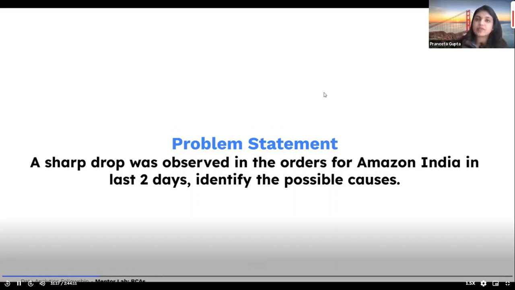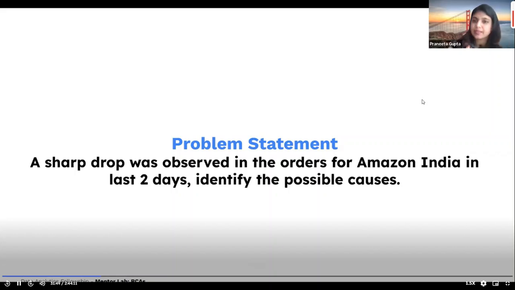Before I move on to the structure, I have a couple of clarifying questions, Harshit. Okay. So when we talk about this drop, was this a week over week drop or a day over day drop? You can consider week over week for this. Okay. We are talking about Amazon India. So was it located in a particular locality or region, or is it across India that you observed? Across India, yeah. We are seeing it across India. Okay.